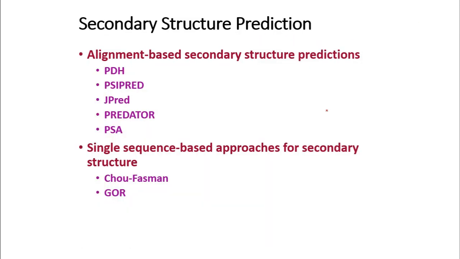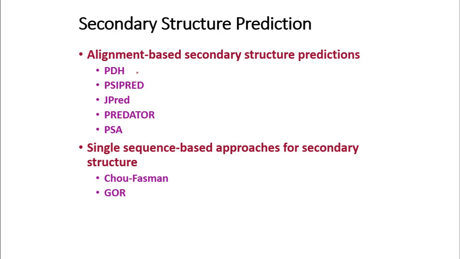Okay, so now let us talk about what are the two major methods by which secondary structure prediction is done. These two methods are called alignment based secondary structure prediction methods and the methods that are based on single sequences, or what we call single sequence based approaches for secondary structure prediction.